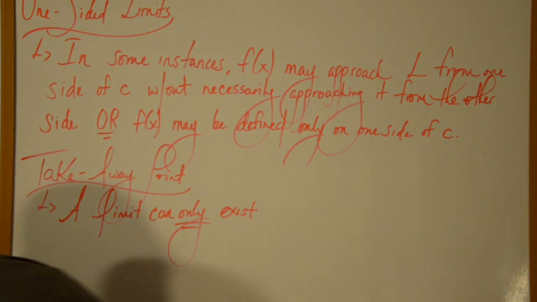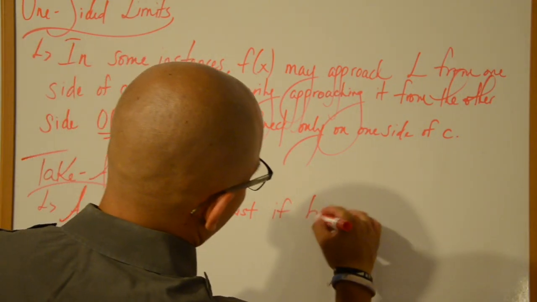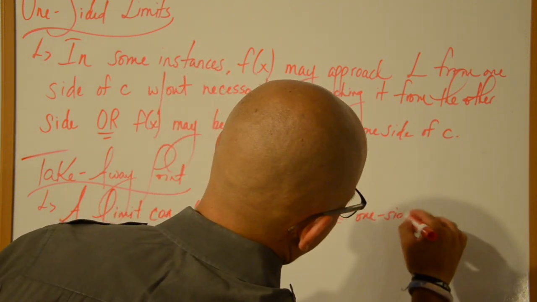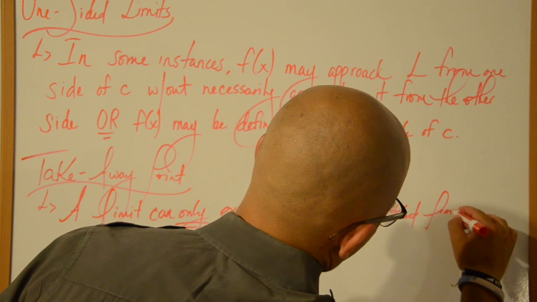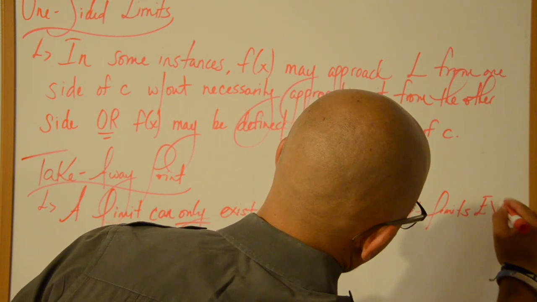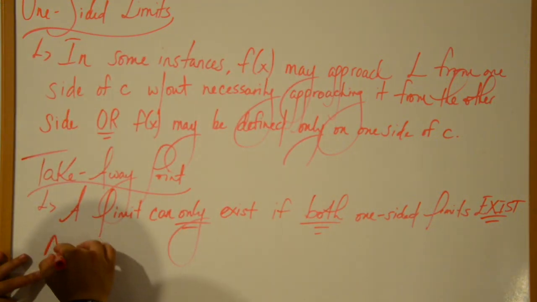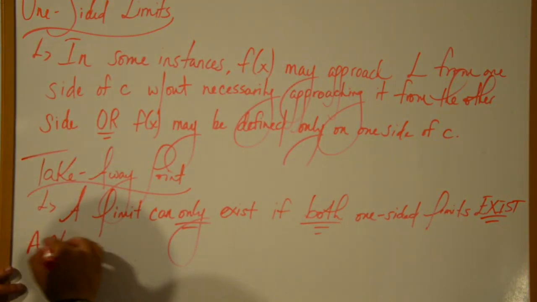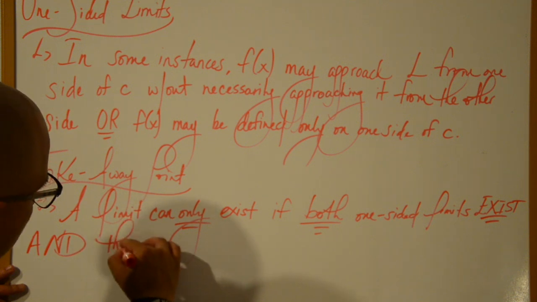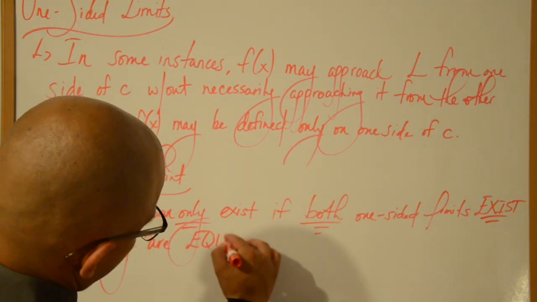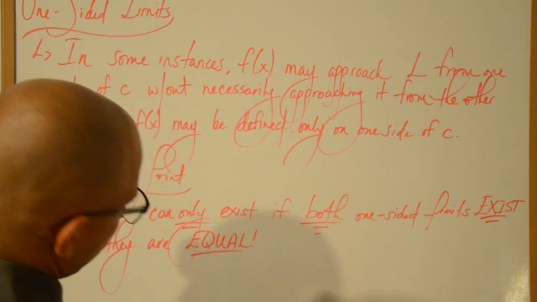A limit can only exist if both one-sided limits exist and they are equal.